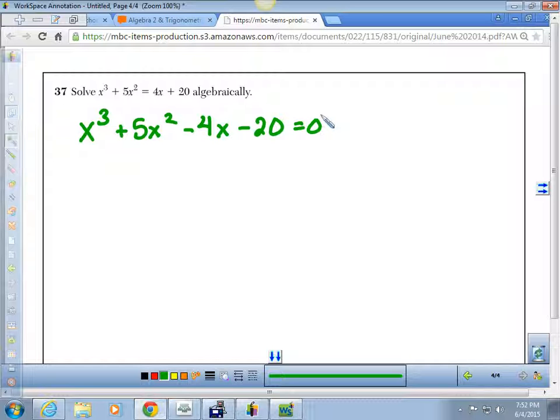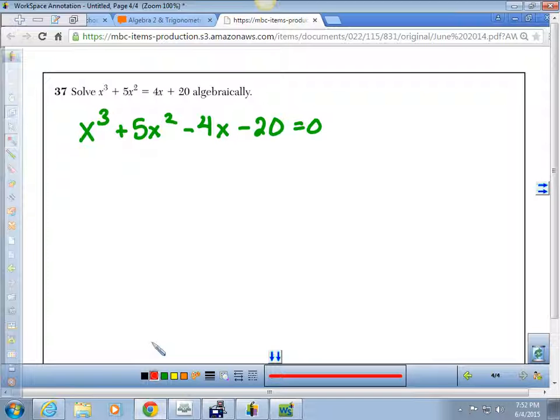If that 20 had an x with it, then everything would have an x, but it doesn't. 4 and 5, there's nothing common between 4 and 5. There's not a GCF. It's obviously not difference of squares. Why can it not be? 4 terms. Difference of squares needs 2 terms. It can't be the trinomial because the trinomial needs 3 terms. We've got 4. What is our clue with 4 terms without a GCF?